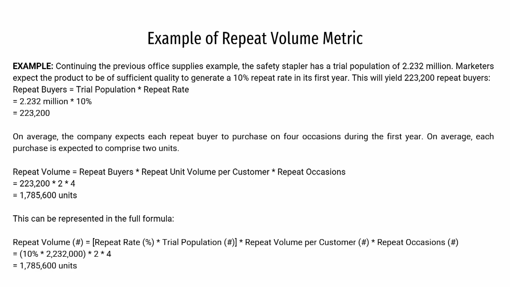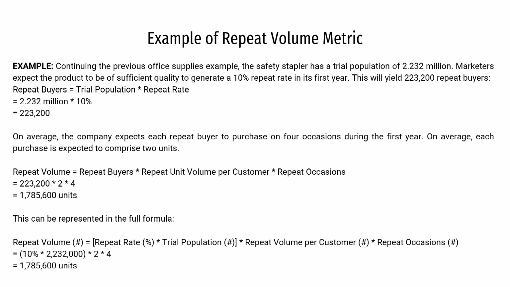223,200 persons or customers. On average, let us say the company expects each repeat buyer to purchase on 4 occasions during the first year. So, this 223,200 into 4, right. So, the frequency is 4. On average, each purchase is expected to comprise 2 units.